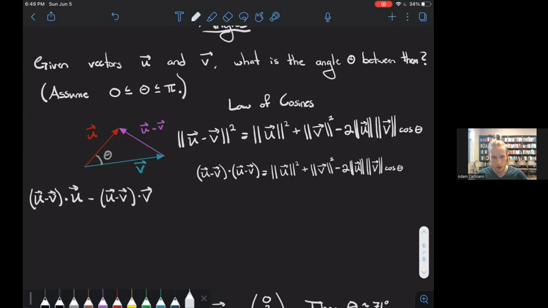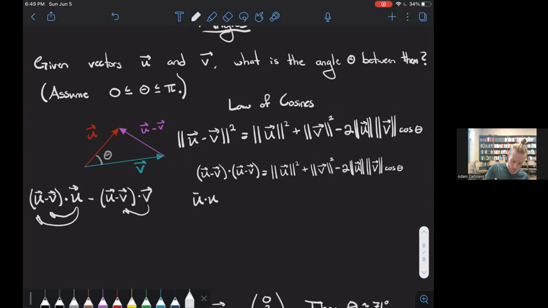I'm viewing this entire first u minus v as just a vector, and so I multiply that by each other vector in the sum, distributive property style. Then I can distribute this u to each of the two, and this v to each of the two.